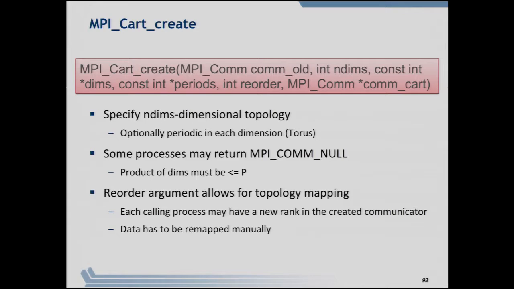And the next parameter is should MPI reorder the processes or not? If you say no here, that means if you pass 0, there will be no rank reordering. That is, in the new communicator, everyone will have the same ranks as in the old communicator. But the only advantage in that case is you get the other convenience functions for knowing who your neighbors are, as we'll see what those functions are.